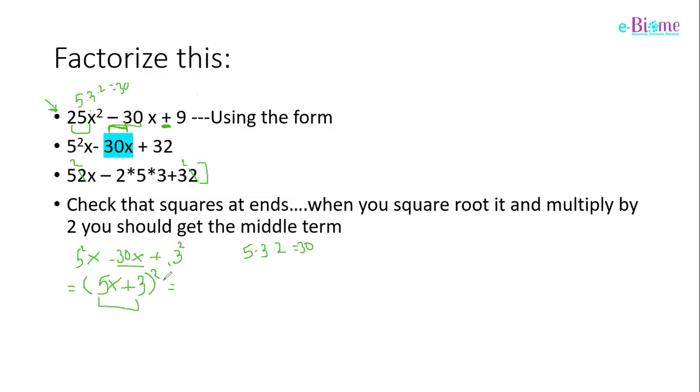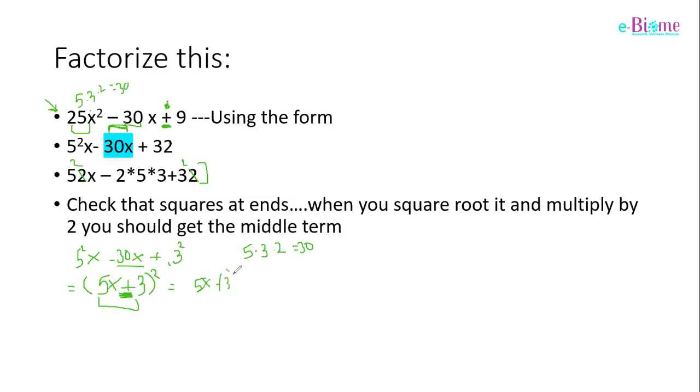That's how you work it out. And as I said, if you have a problem knowing which sign to use, we always use the sign that's right in front, the sign of the constant. And so when we work this out now, it is 5x plus 3.